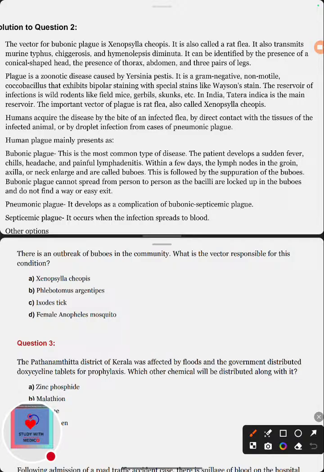It exhibits bipolar staining with special stains like Wayson stain. The reservoir of the infection is wild rodents like field mice, gerbil, skunks, etc. In India, Tatera indica is the main reservoir. The important vector of plague is rat flea, also called Xenopsylla cheopis.